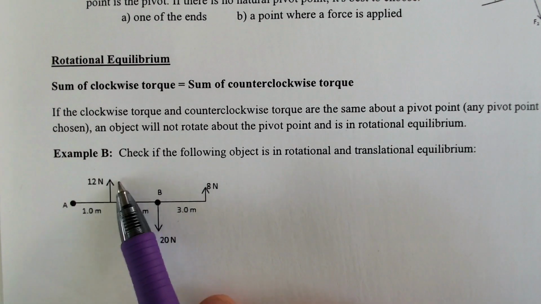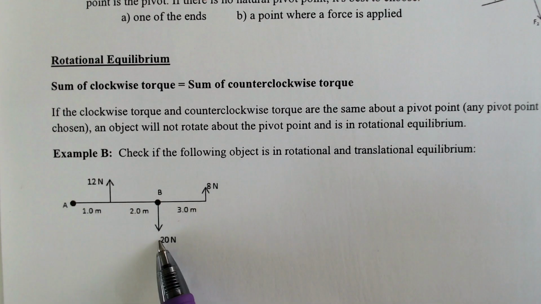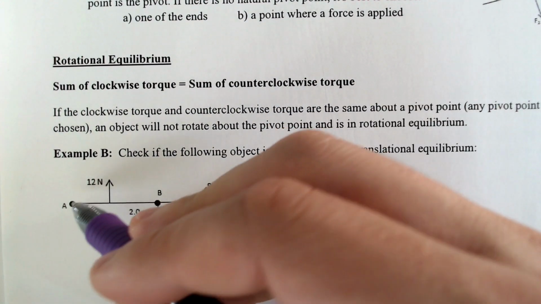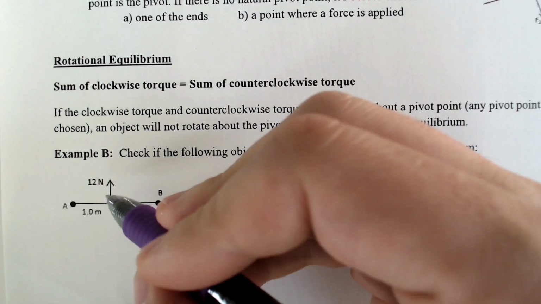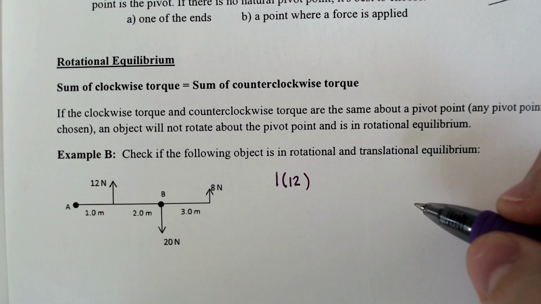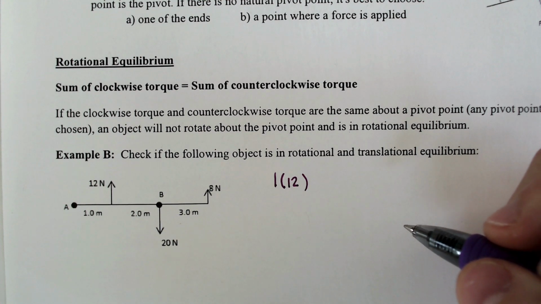So we have one force going up and another force going up, and then this third force going down. Now, if it is going up from pivot point A, it is 1 meter away, and they're all perpendicular, so it'd be 1 times 12 in the positive direction, because up goes counterclockwise and that makes it positive in this scenario.